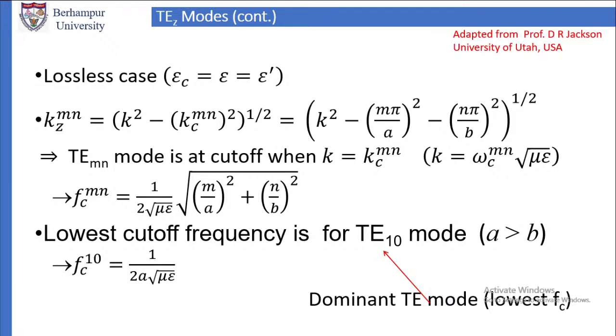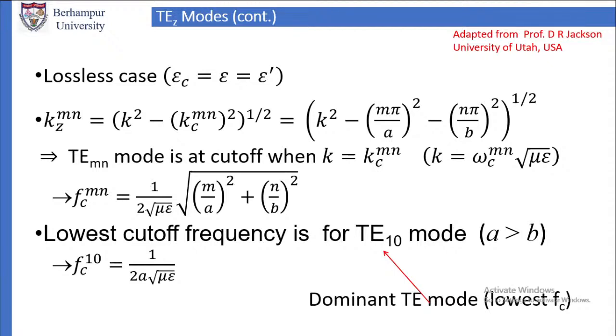So pi on both the sides cancels out. Then fc is equal to, when we take 2 to the right hand side, it will be in the denominator. So it will be 1 by 2 root over of mu into epsilon whole, root over of (m by a) whole square plus (n by b) whole square.